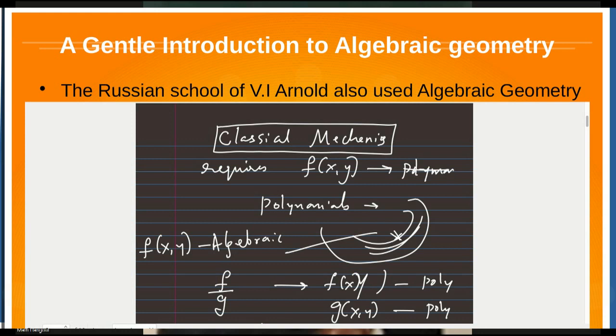As I mentioned, V.I. Arnold is one of the pioneers. Even before that, Italian geometers like Enrico Castelnuovo, etc. These are some of the names I remember.